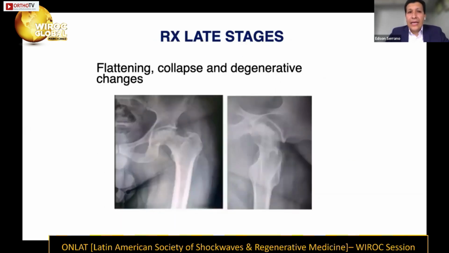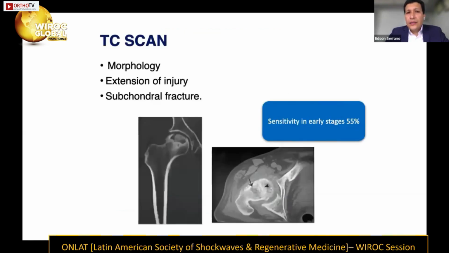But in later stages, we can see flattening, collapse, and degenerative changes in the hip joint. CT scan can show us morphology, extension of injury, and subchondral bone, but sensitivity in early stage is very low, 55%.